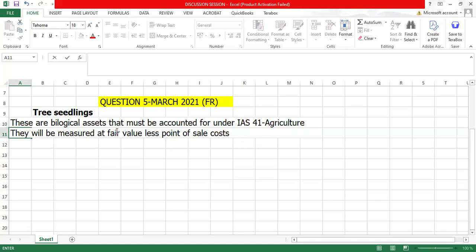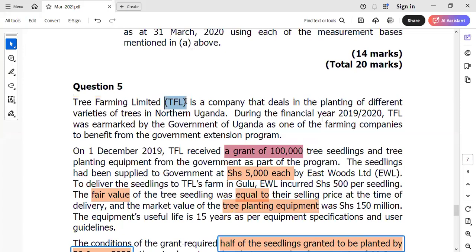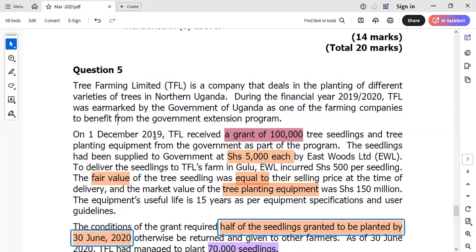So using our question, if you're talking about tree seedlings, remember we are in the books of TFL. You observe that on 1st December 2019, this TFL received a grant of 100,000 tree seedlings.